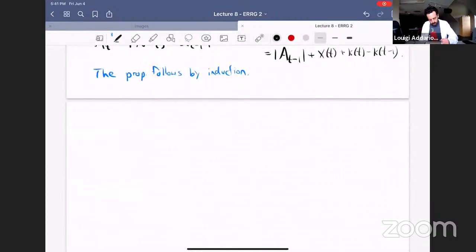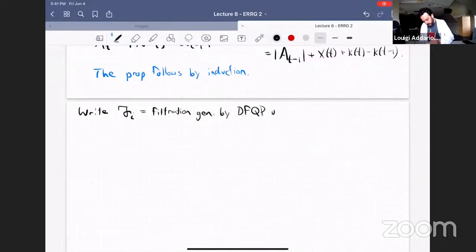Okay, so let's write F_i for the filtration generated by the process up to step i.